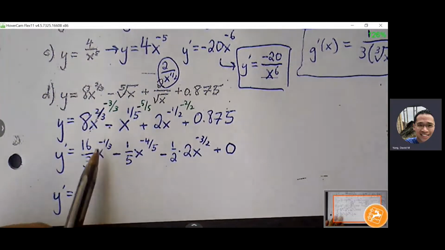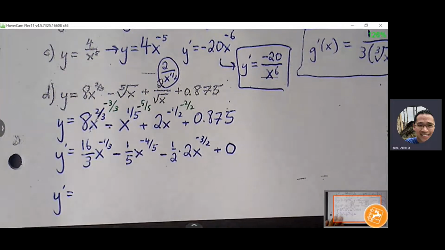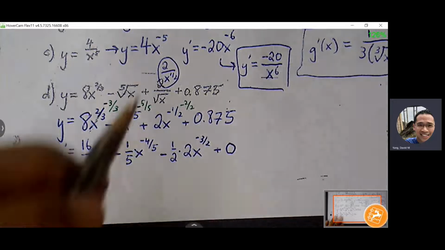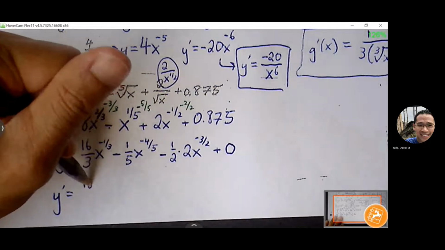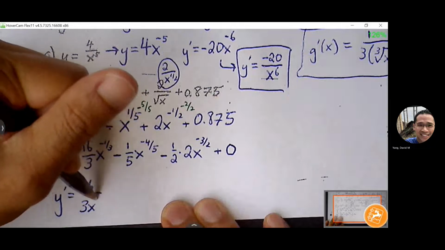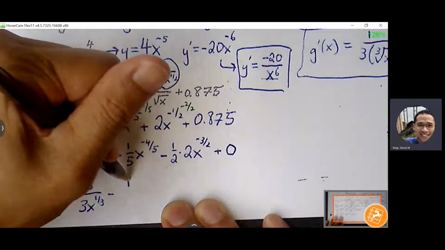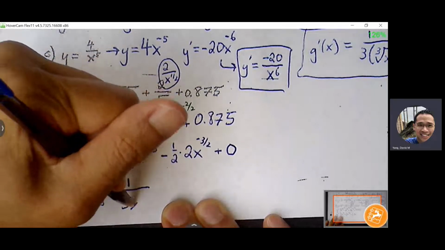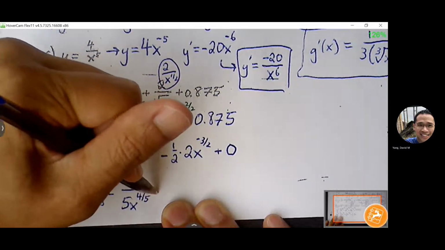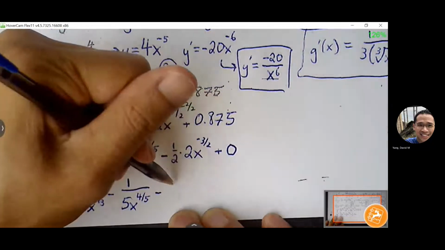I want to resolve that negative exponent. I'm going to push that x down to the bottom. It's going to sit next to that 3. Bring that x down, make it sit next to the 5. Minus 1.